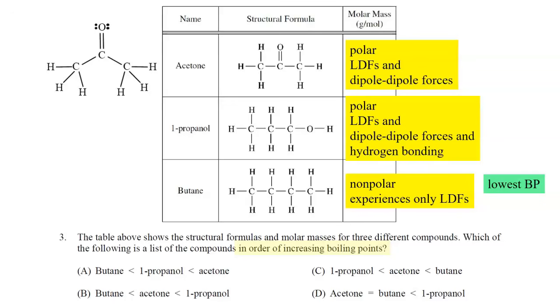Butane has the weakest intermolecular attractive forces in this set of 3, and 1-propanol has the strongest. So butane, followed by acetone, followed by propanol, those 3 substances are listed in choice B in order of increasing boiling points. So the correct answer to question 3 is choice B.